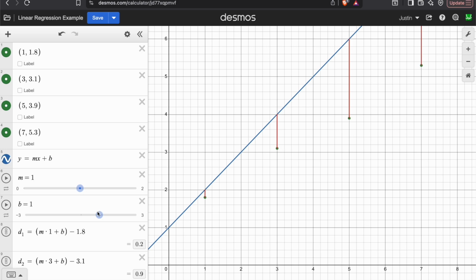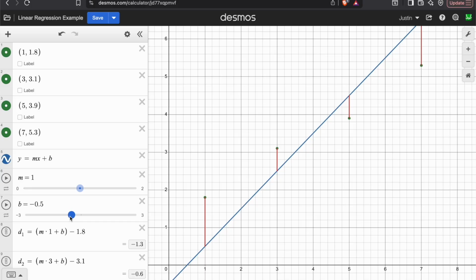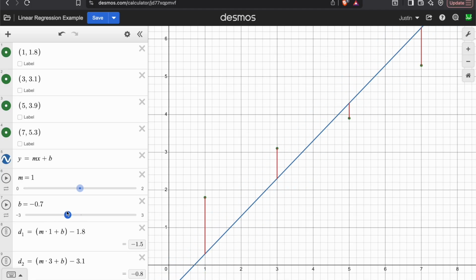And you can see that the bigger these lines are, the farther away it is from the points. And what I've done here with these D's, you look down here, I have a D1.